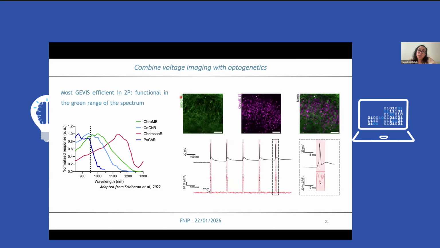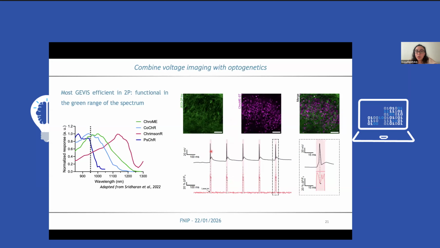We expressed both Jedi2P and the chrome, and you can see here, so the chrome is the green curve. We can see here that it's very much activable at 940 nanometers, which is what we are using for Jedi2P. For these experiments, we patched the cells to monitor what was happening when we would shine the light.